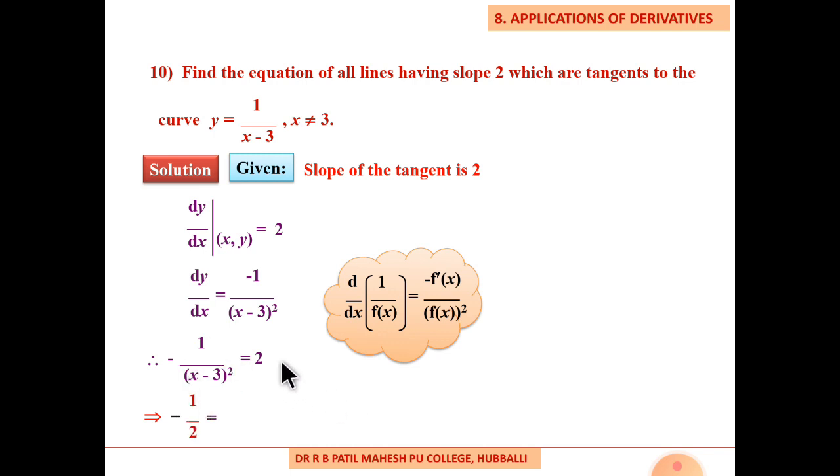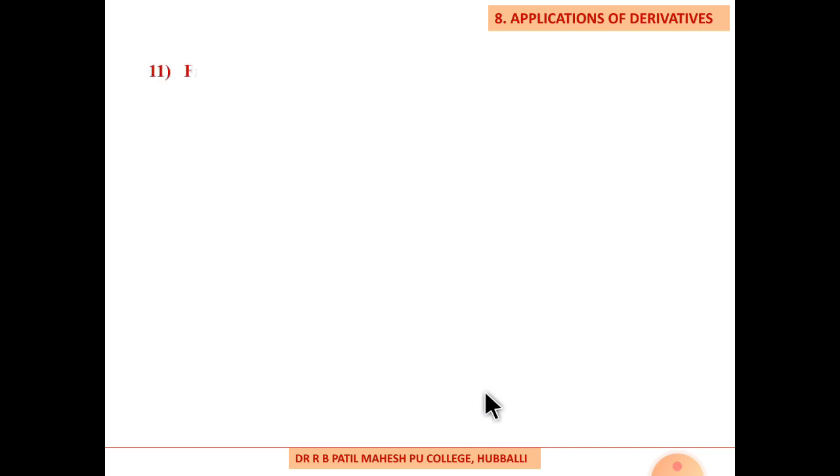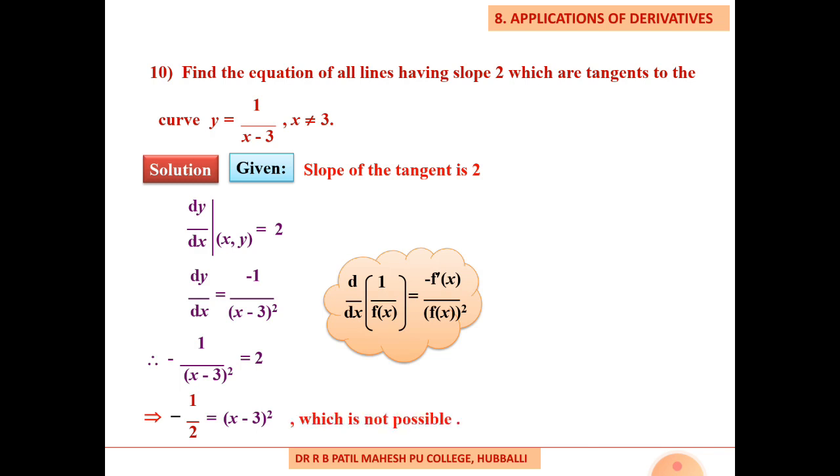Now simplify this term. Minus 1 by 2 equals, taking the term to the right hand side, (x minus 3) whole square. This is not possible, because (x minus 3) whole square is always positive, but here the left hand side is negative. So for such an equation x values do not exist, and we can't write the equation of a line here.